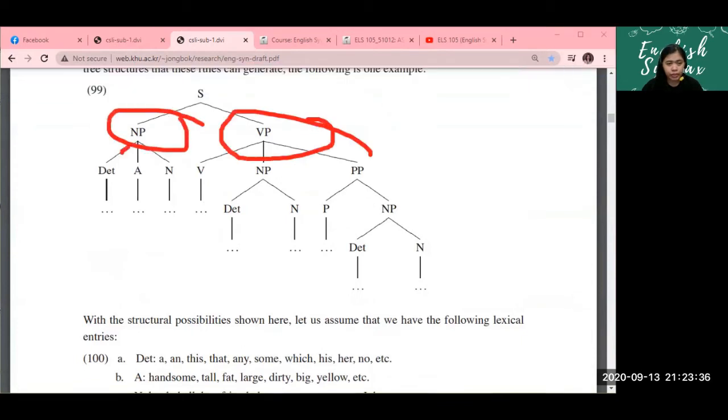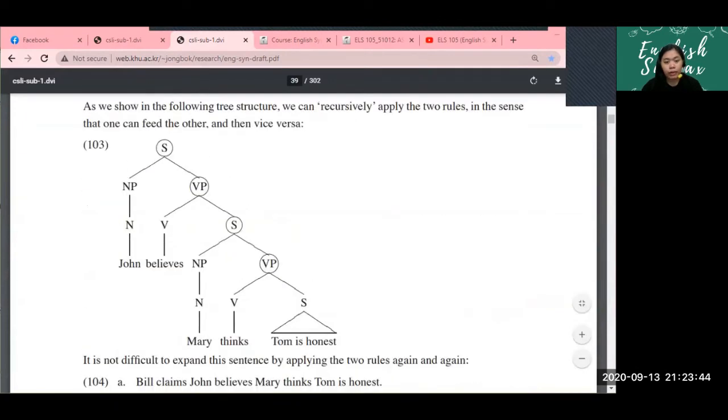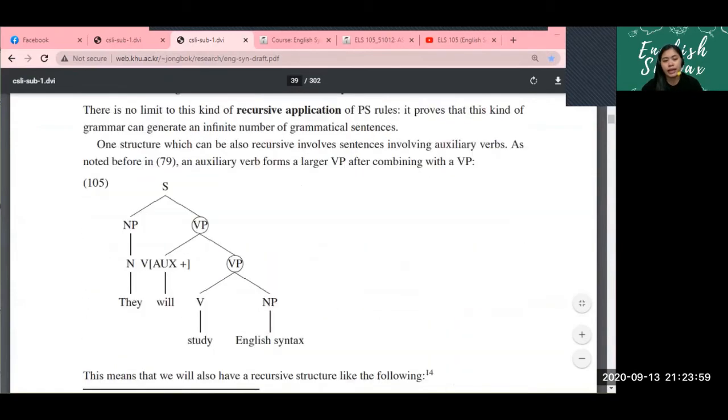We just go directly with this one, that one, that one, and that is not cool. That is actually not appropriate, so we have to avoid that. Just like this one: John believes Mary thinks Tom is honest. There are headings for those smaller constituents, which are composed of smaller constituents or phrases in that sentence.